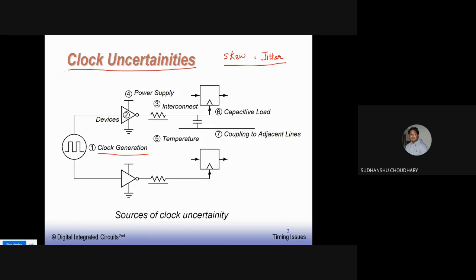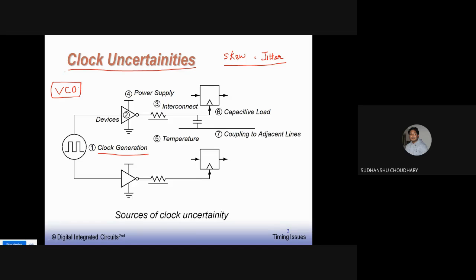There may be 4 or 5 clocks present in the system, each with a different clock generator. This clock generation scheme on chip can also result in clock uncertainties, because the common component of generating any clock is a VCO, that is a voltage controlled oscillator, which is required in any clock generation scheme.